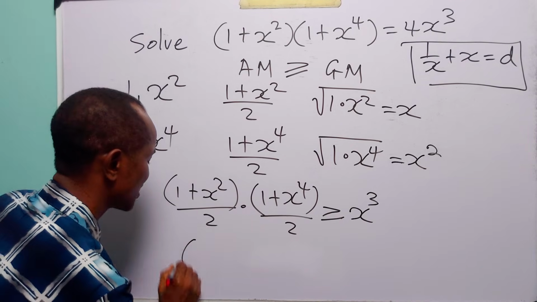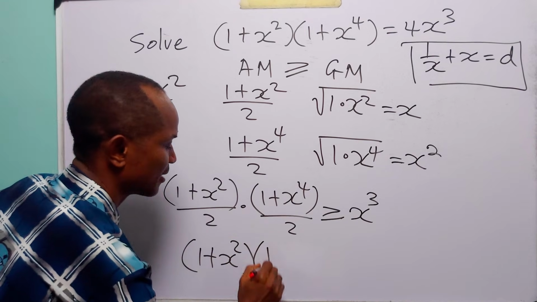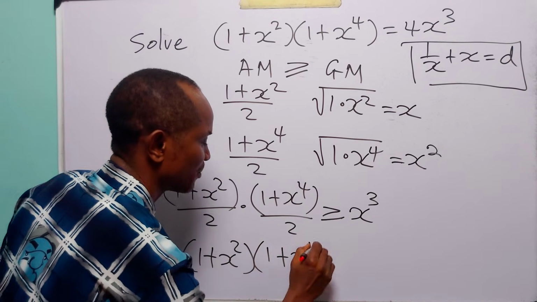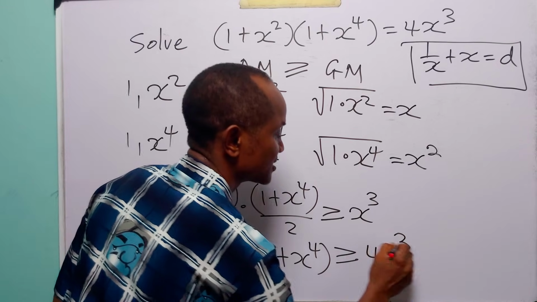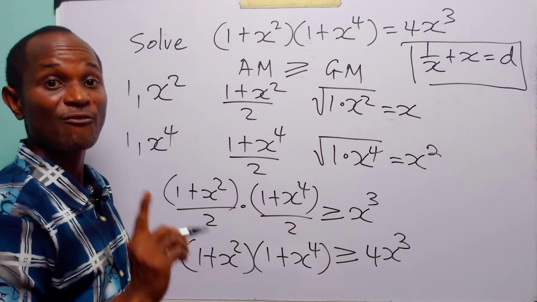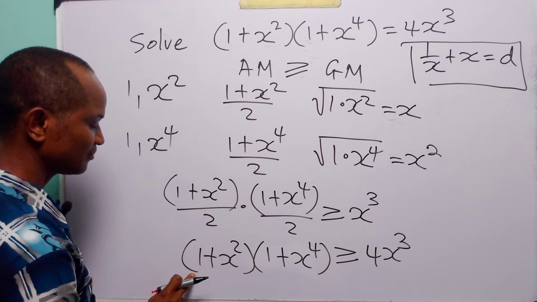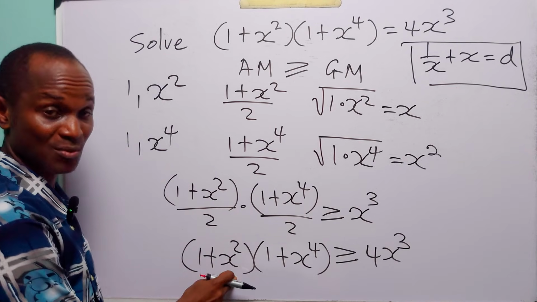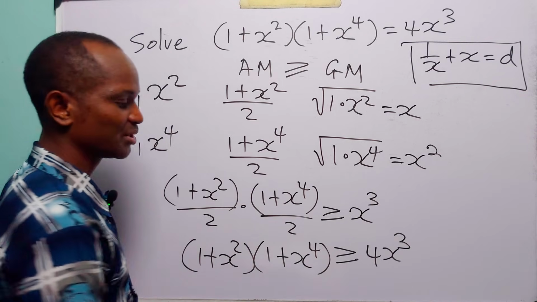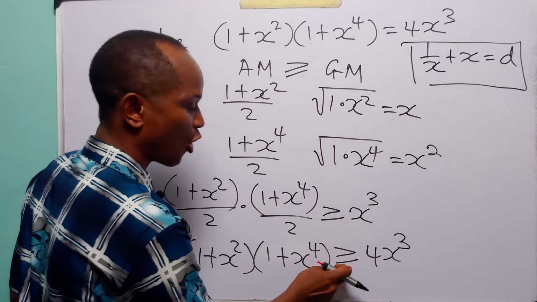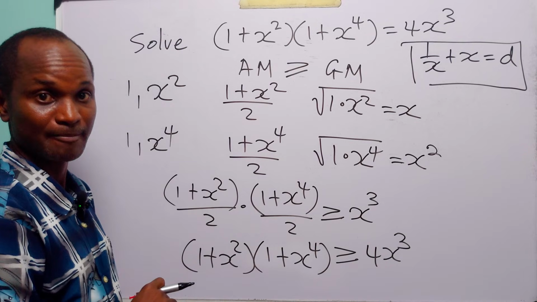When we do that, we have that 1 plus x squared multiplied by 1 plus x to the power 4 must be greater than or equal to 4x cubed. So you can see that from the AMGM inequality, we have that 1 plus x squared multiplied by 1 plus x to the power 4 must be greater than or equal to 4 times x to the power 3.